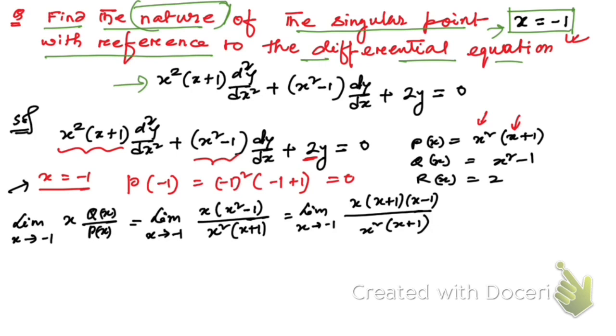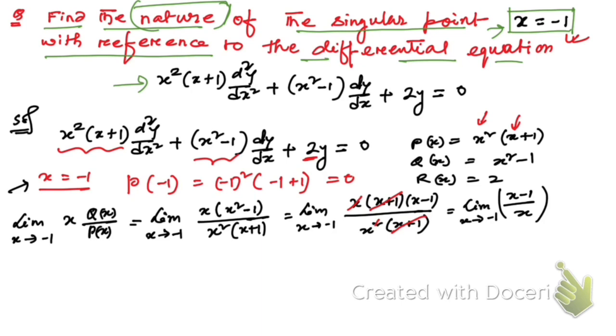So here you can see that you can cancel this x plus 1, and this x here, x square. So then we have got limit x tends to minus 1 of x minus 1 by x. That is what we have got.